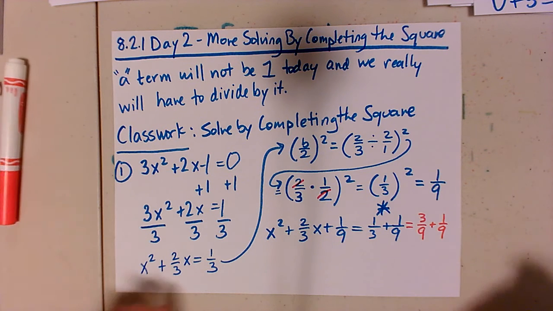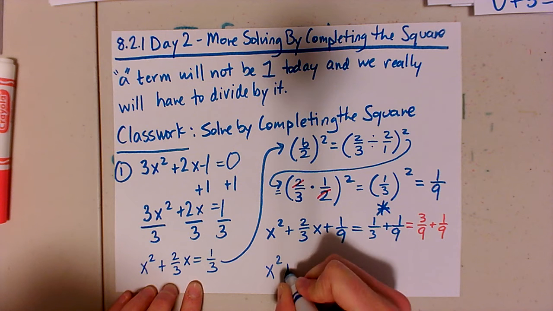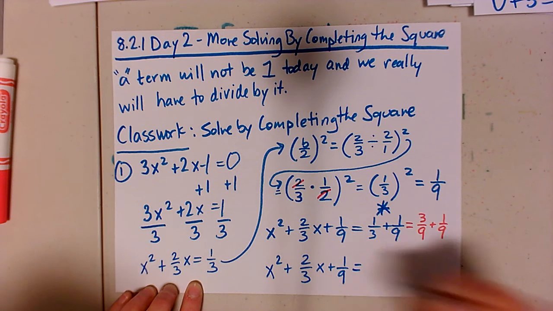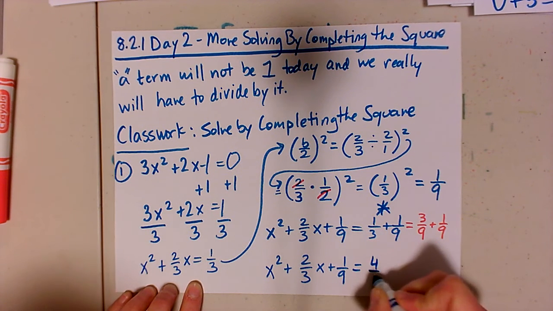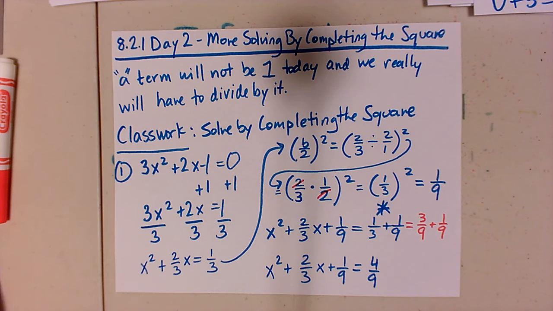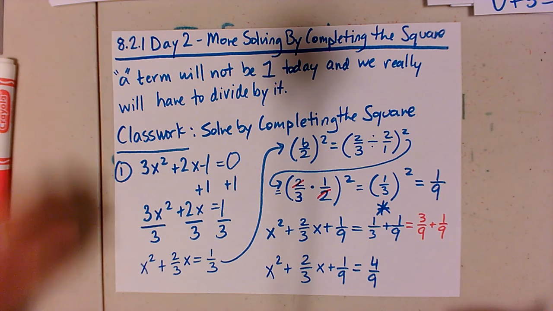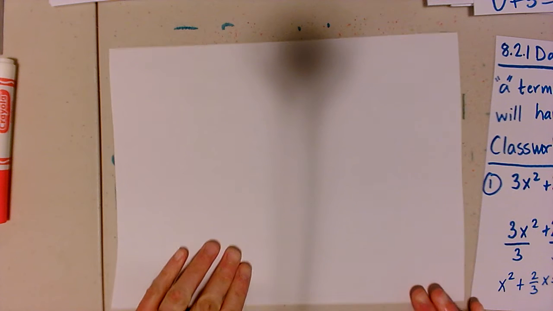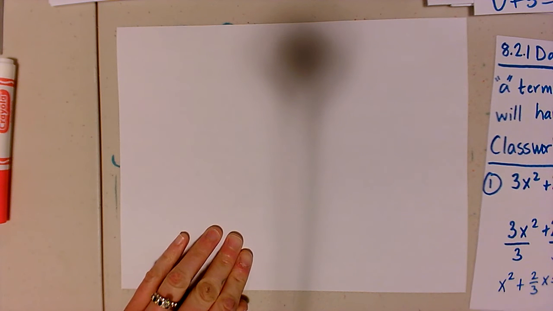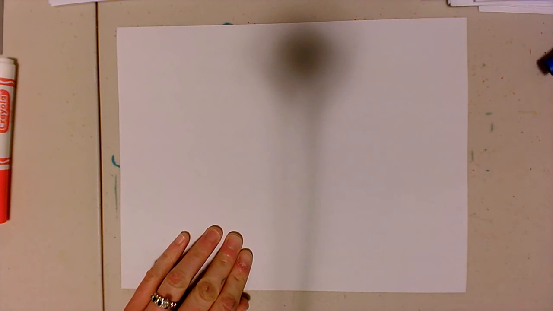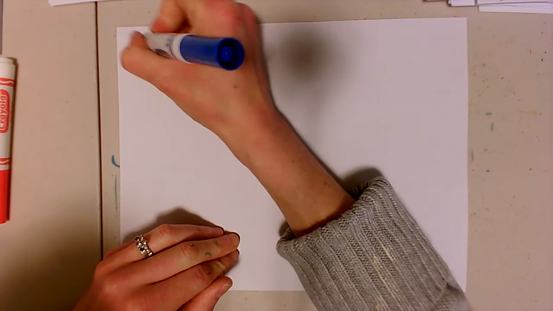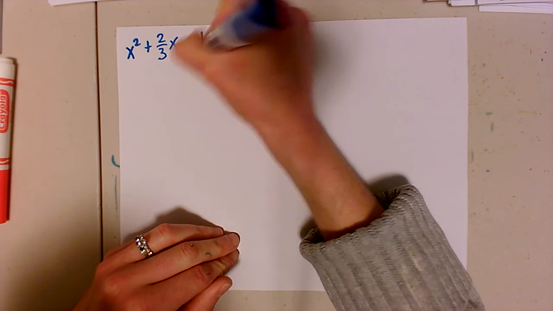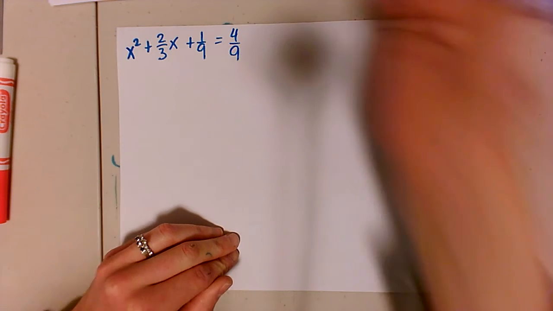So then we have x squared plus 2/3 x plus 1/9 is equal to 3 plus 1 is 4, 4/9. Let's copy that over on another piece of paper. So I have x squared plus 2/3 x plus 1/9 is 4/9.